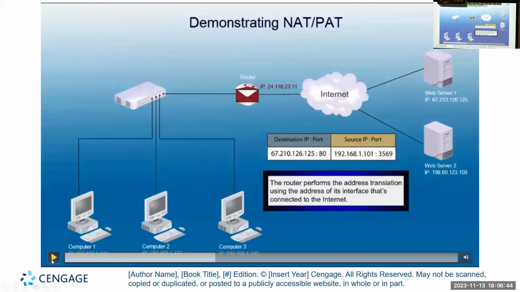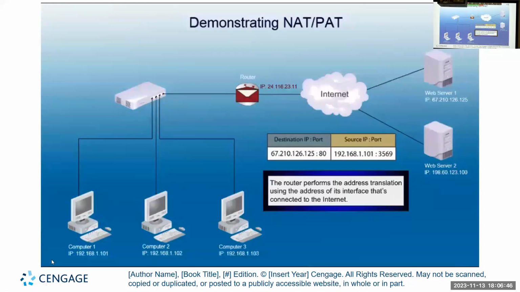So in a small home office type router, what will typically happen is that the router will use the IP address that it was assigned by the internet provider, in other words, its outgoing interface IP address. It will use that as the address to do the translation.